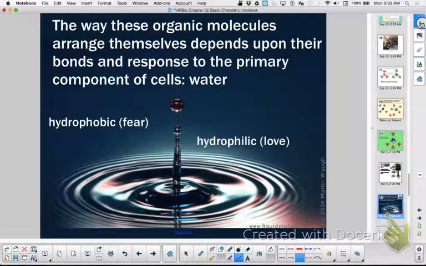I want this. And it's like, whatever. And so water can't make any connections with you, but it can make connections with itself. So it's like, you don't want me, another water molecule does. And so all the non-polar substances will get together, and all the polar substances will get together, and that's why you have to shake your Italian dressing.